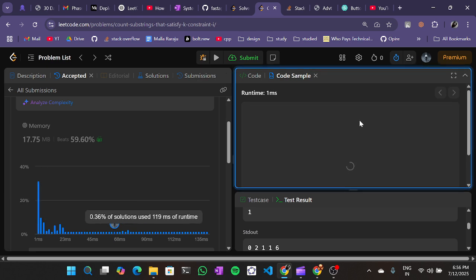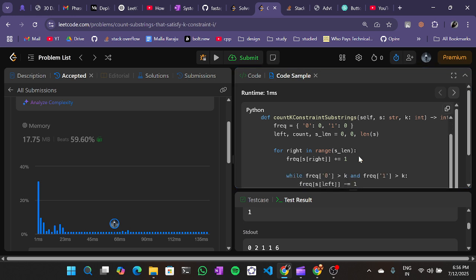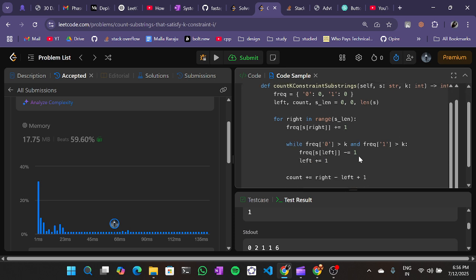Let's check the first one. So he's using a dictionary. Left count. This one, left and count. Left plus equal to one.